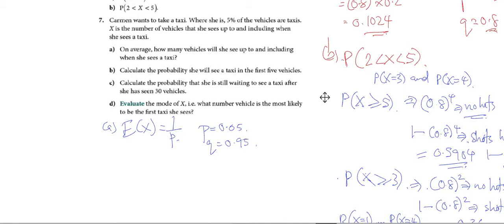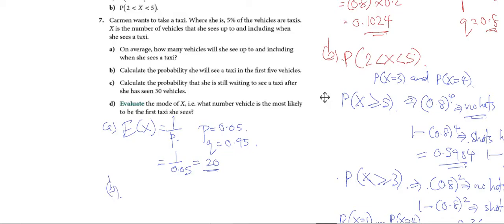Now the expected value, we already have the formula, so just substitute. P is 0.05 and my answer is 20. So basically on average she has to wait until maybe the 20th vehicle to see a taxi.